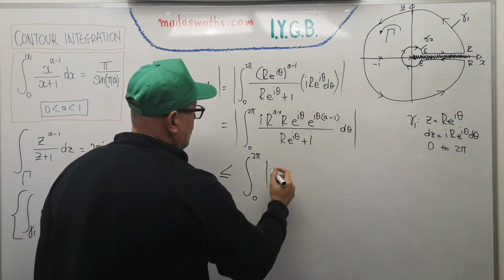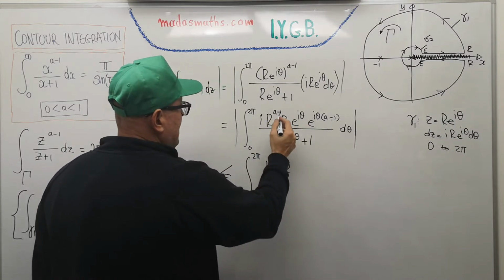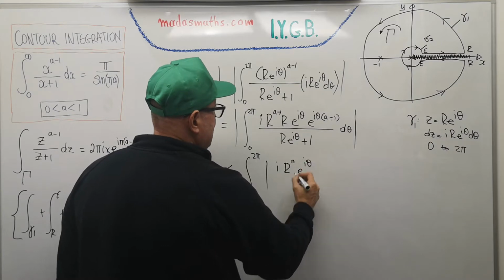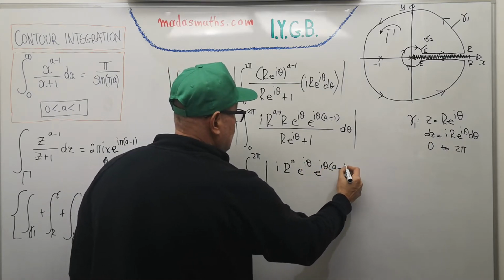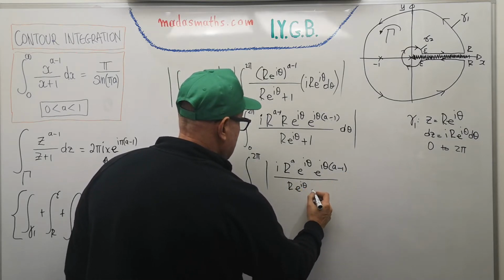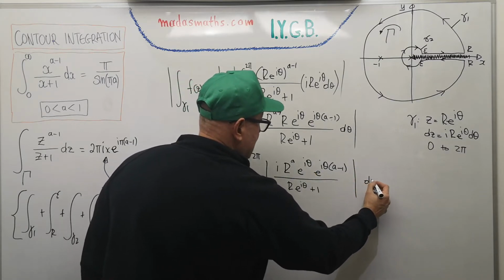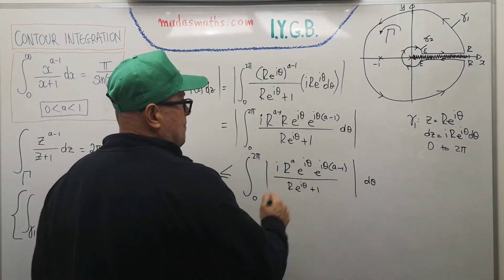And of course, this is the inequality that it produces. I'm going to put the r's together now. So this is the mod of r to the a, e to the i theta, e to the i theta (a minus 1) over r e to the i theta plus 1, close the mod, and this is the d theta at the end. It's not mod d theta, it's been parameterized.